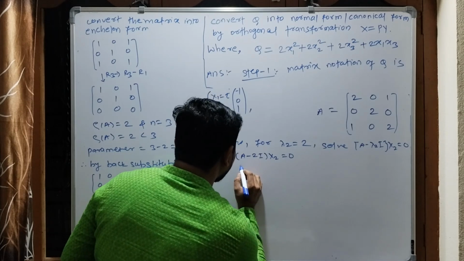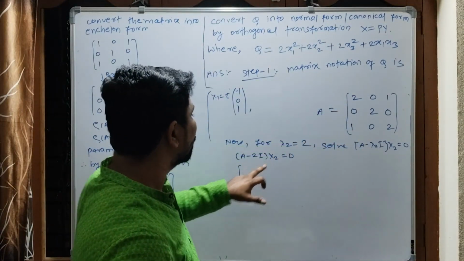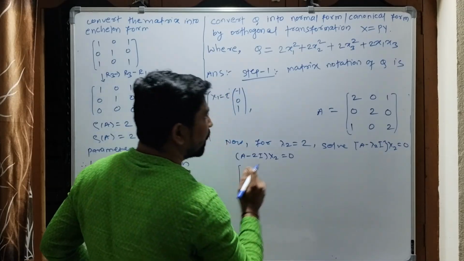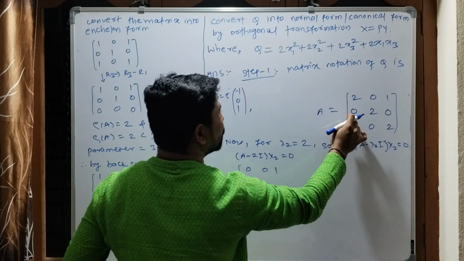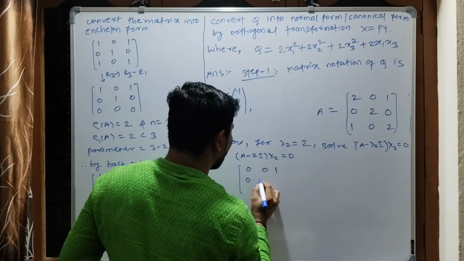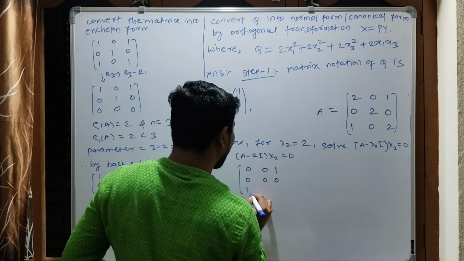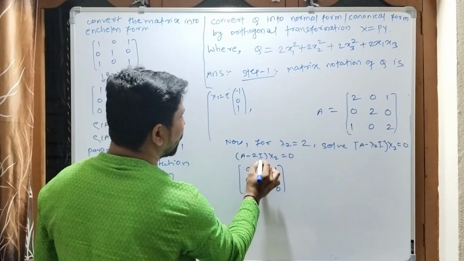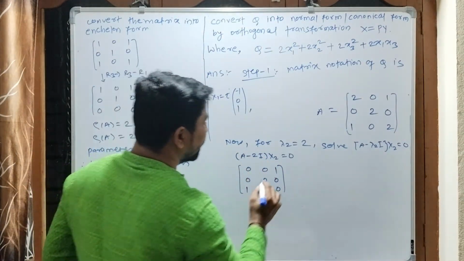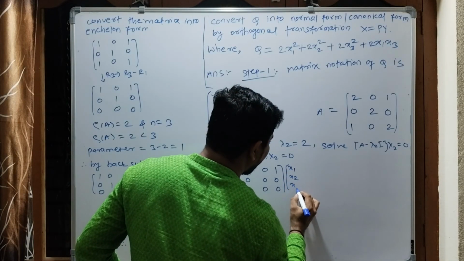So directly write the A minus 2I matrix. Here 2 minus 2 times 1 is 0, then 0 and 1 as they are. Now 0, 0, 0 is 0, 0, 0. Now this is 1, 0, 1, 0 and 0. This is the A minus 2I matrix, times x1, x2 and x3.